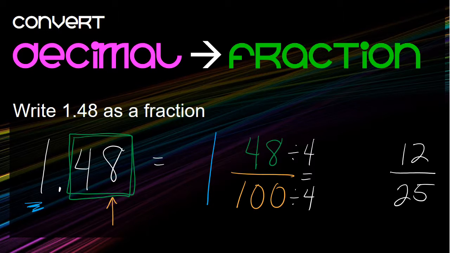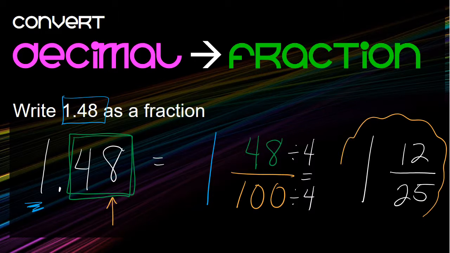And we have to make sure that we bring over our whole number of 1. So we can say that our decimal, 1 and 48 hundredths, written out as a fraction, is 1 and 12/25.